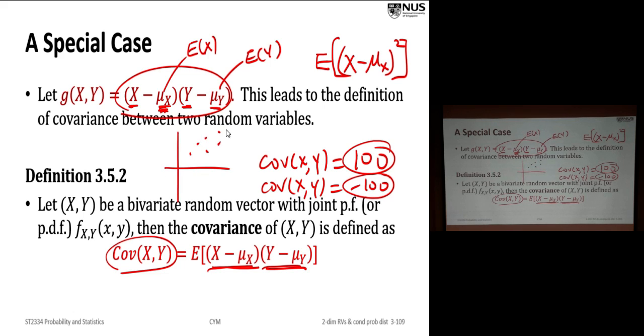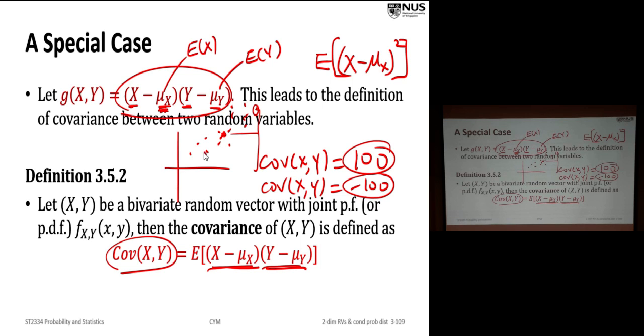So for example, you have points like this. Okay, so the center is somewhere here. You can see that for this point, x is bigger than mu x, and at the same time the y value is also bigger than mu y. So for this point, the product of x minus mu x and y minus mu y is positive.